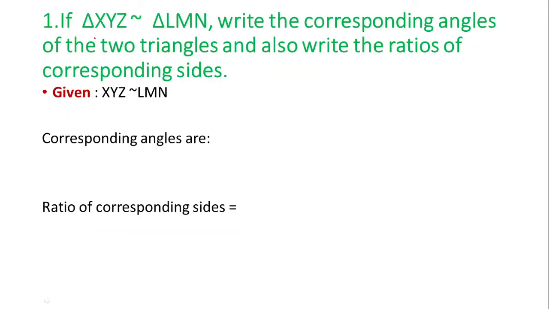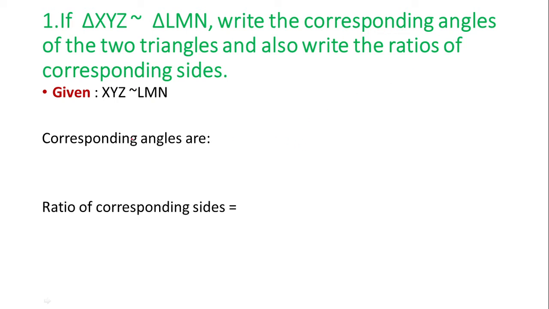See children, the first question is, if triangle XYZ is similar to triangle LMN, write the corresponding angles of the two triangles and also write the ratios of the corresponding sides. Now children, this question is very simple. They have already given that triangle XYZ is similar to triangle LMN. Then what do we need to write?